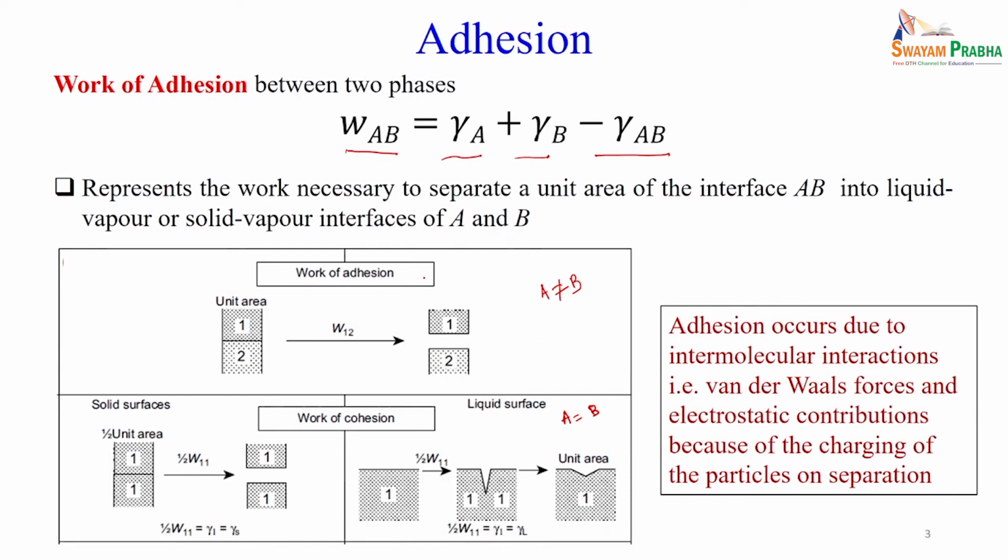Now, as I discussed, if it is between the same media it is called cohesion, if it is different media it is called adhesion, and both occur because of various intermolecular interactions, as we discussed in the first module. It may be the van der Waals force or electrostatic interactions.